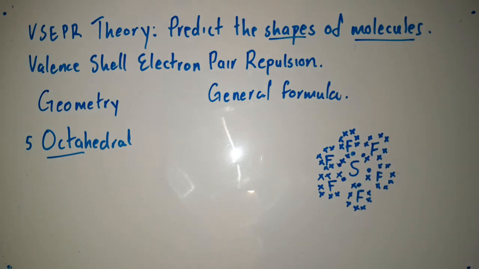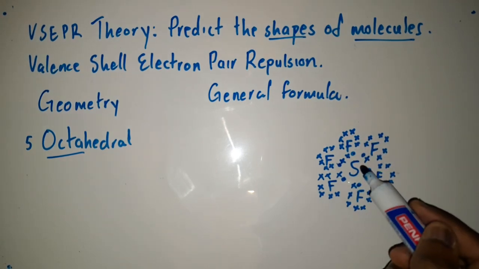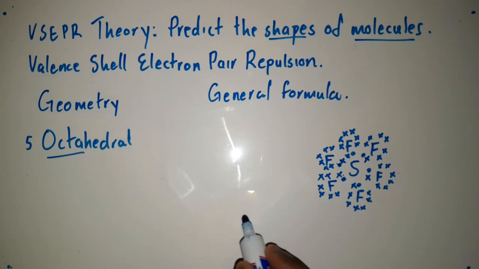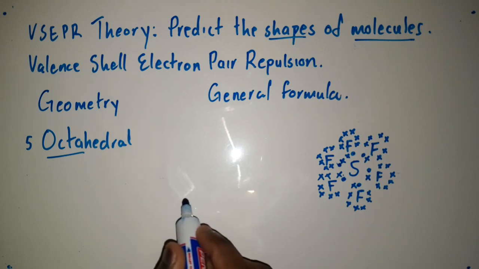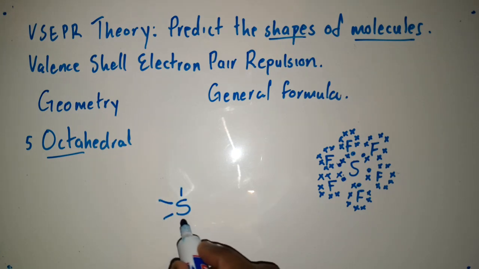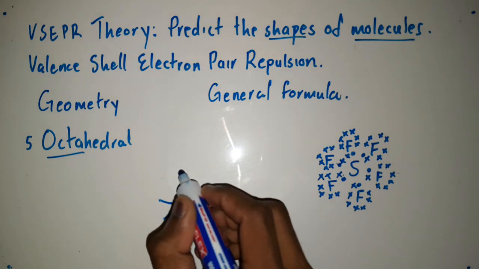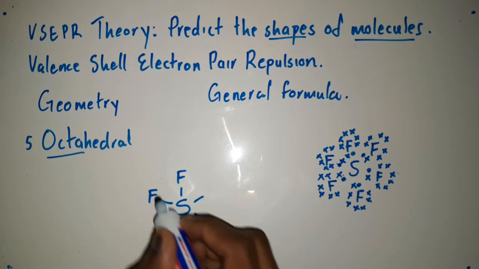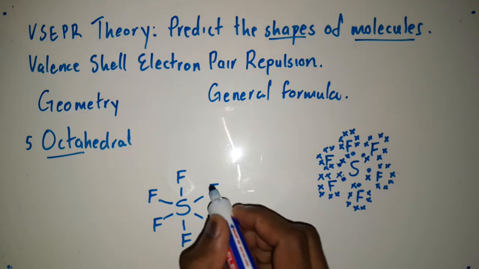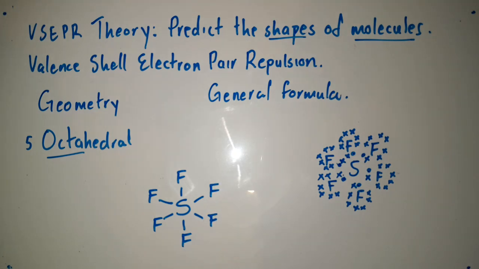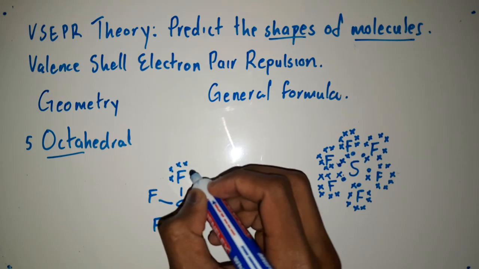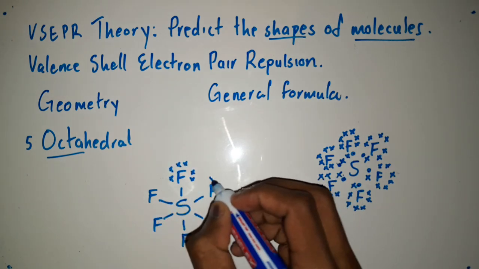See, then now if I were to replace this paired electron, I would have something like this. Let me draw the structure somewhere here. I'm going to have something like this. See, F, fluoride, then this is what I'm going to have now. If I were to include the valence electrons, it would look like this.